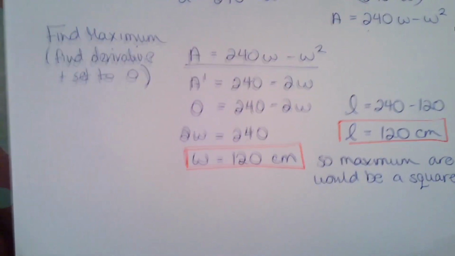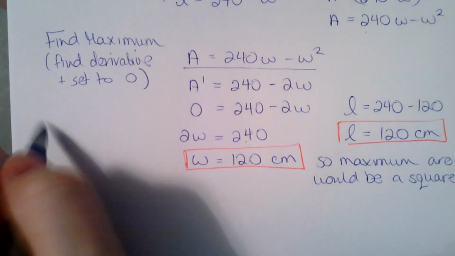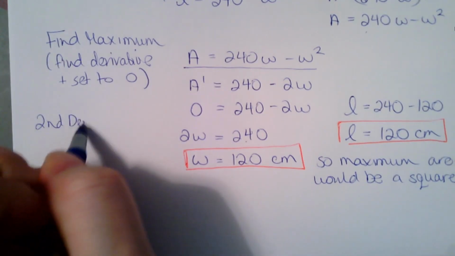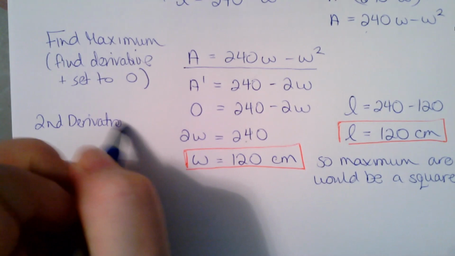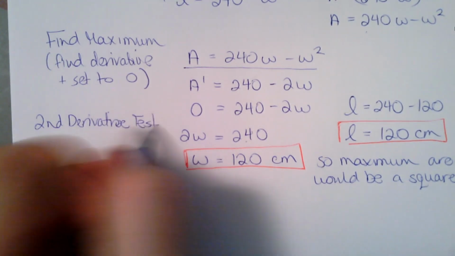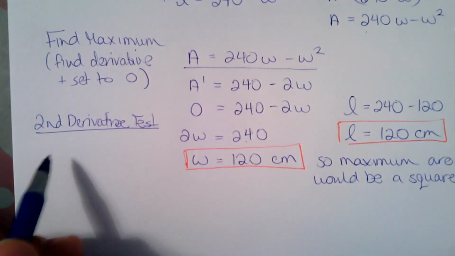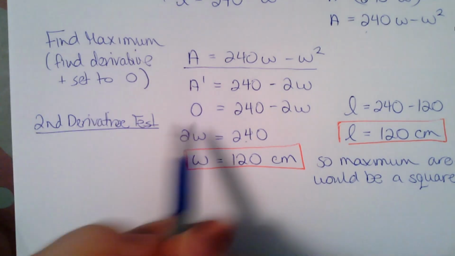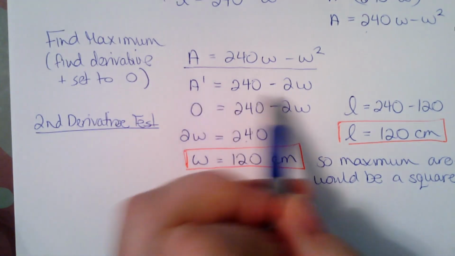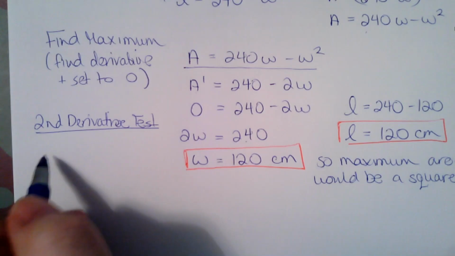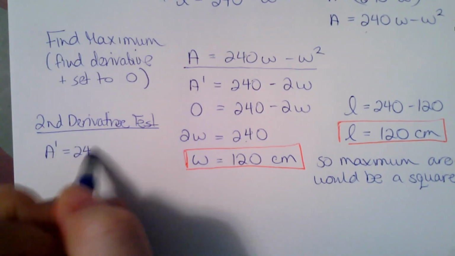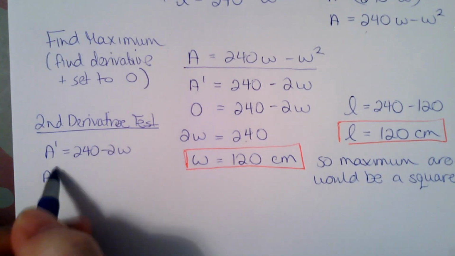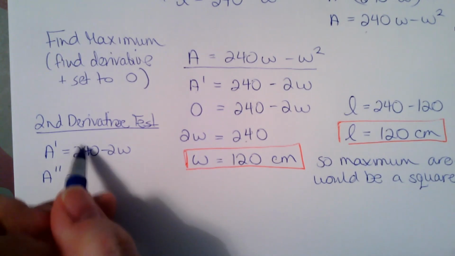Alright, I'm going to do one more thing here. I am going to quickly do my second derivative test and just verify that I do in fact have a maximum. So here's my first derivative, A prime, 240 minus 2w. So my second derivative test, I get, well, that's constant, so that's 0.